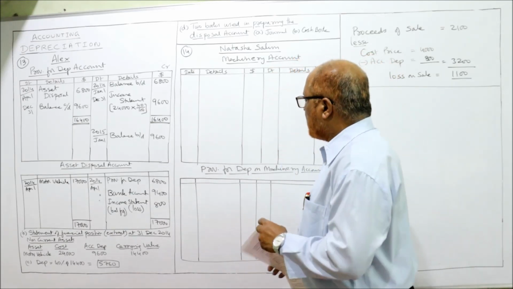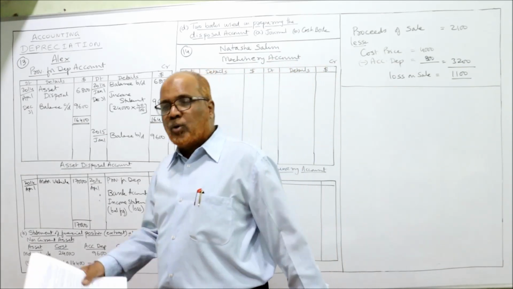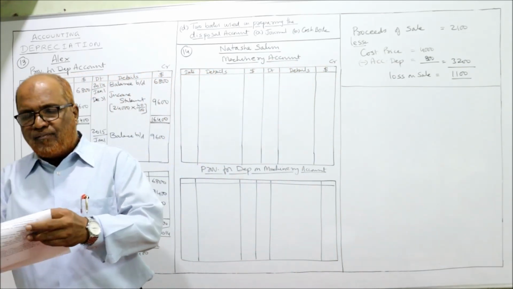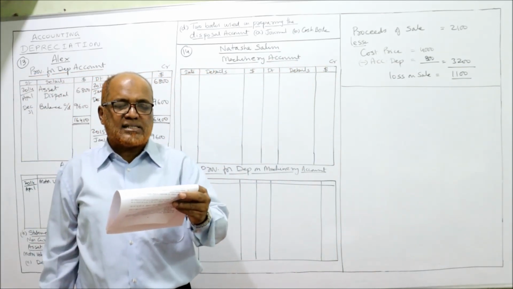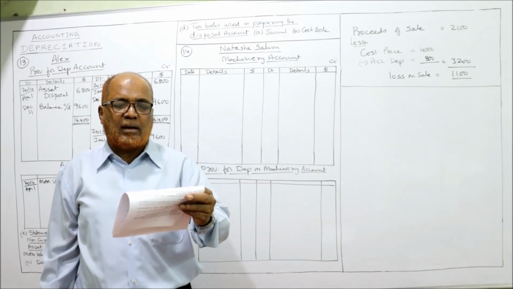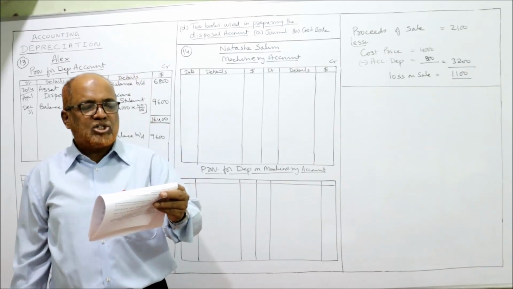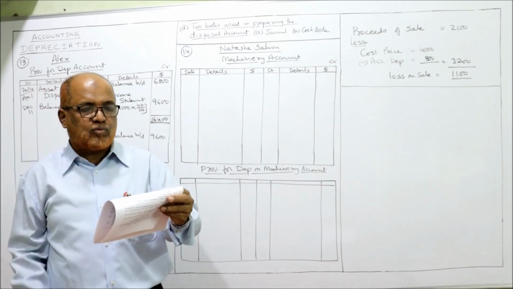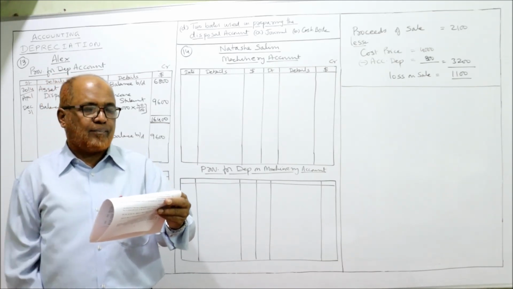That's it. Now I am coming to the next problem. Problem number 14. On 1st October 2013, Natasha Salim started a business altering and mending clothes. On that date, she purchased a machine for $4,000, paying by cheque.